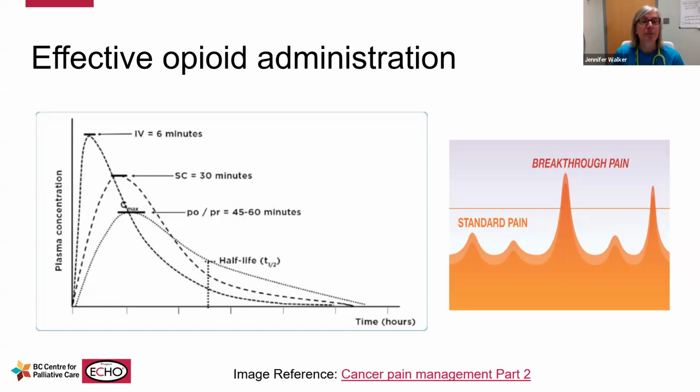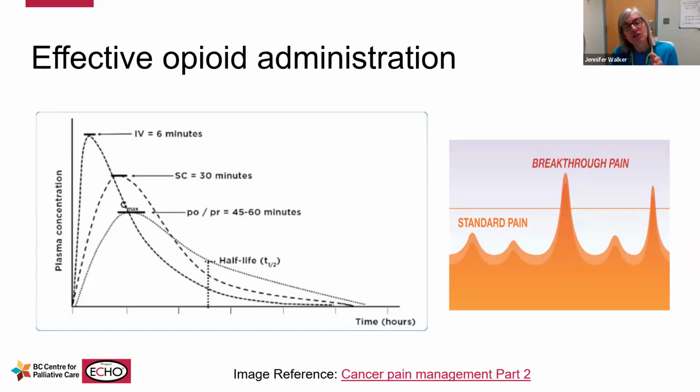For sub-Q meds, it takes about 30 minutes for the plasma opioid concentration to reach its max and for the resident to get benefit, and then it starts to become less effective at about 4 hours. For oral opioids, it takes 45 to 60 minutes before the plasma concentration gets to max, where the patient should be getting the benefit.